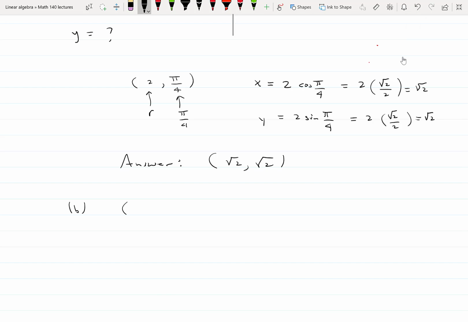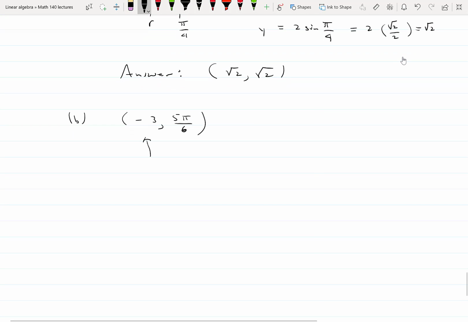Let's say (-3, 5 pi over 6). Again, I want to go from polar, r and theta, to rectangular. Very easy. x equals r cosine theta.